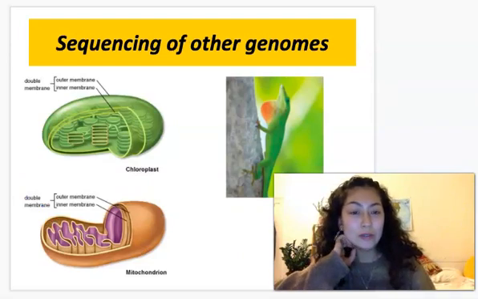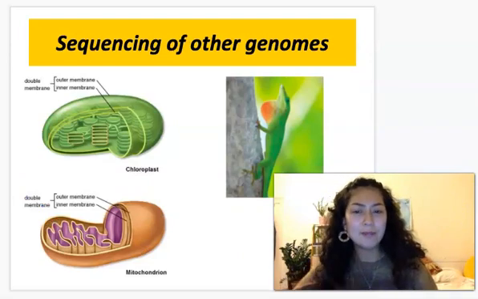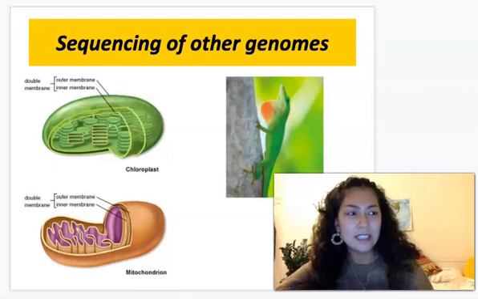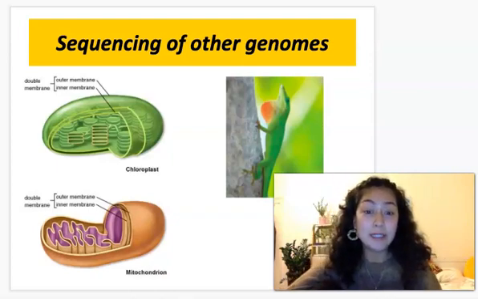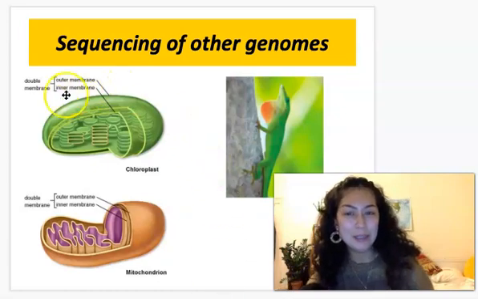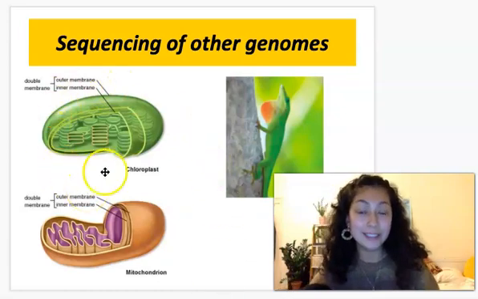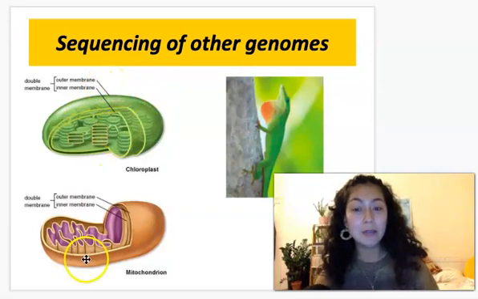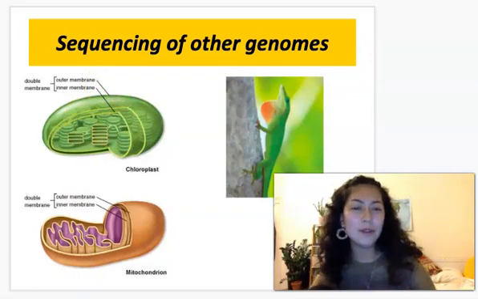By 2014, I think around 15,000 genomes of other species had been sequenced. Let's pause for a second here, because we, the scientific community, have also been able to sequence the genomes of chloroplasts and mitochondria. I wonder why that is.